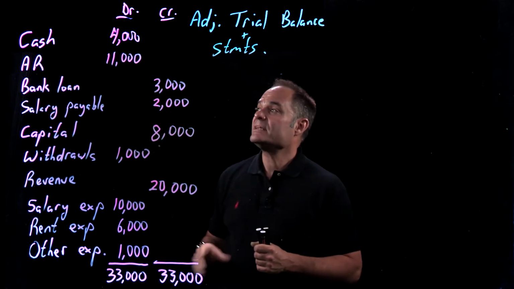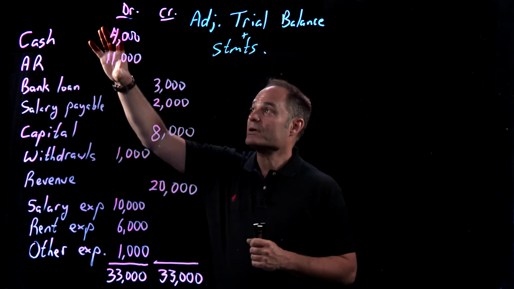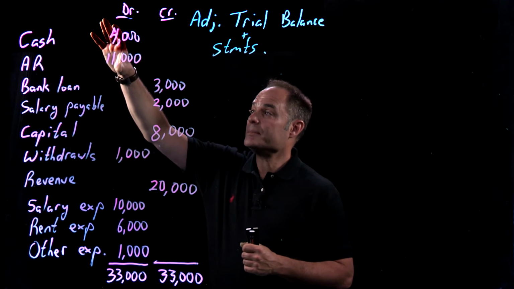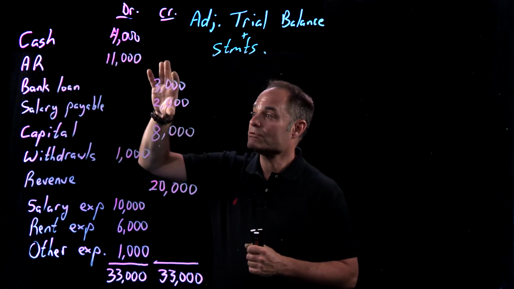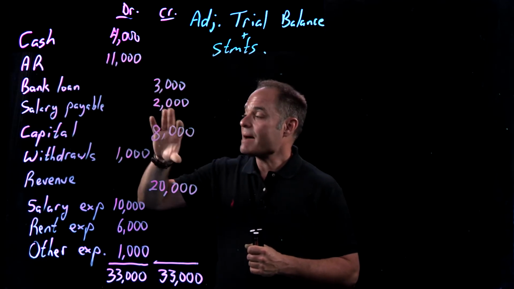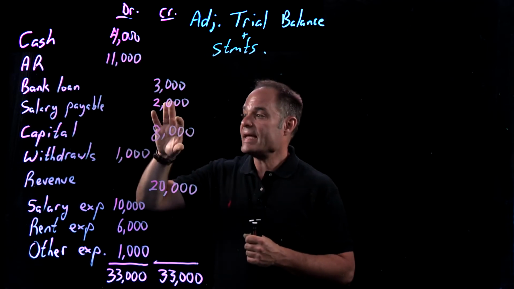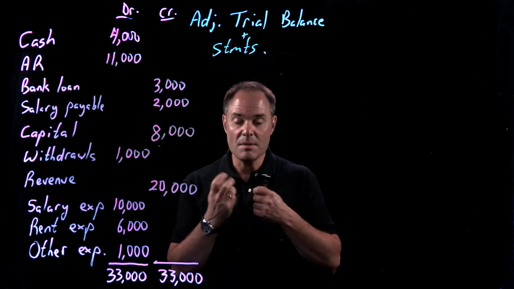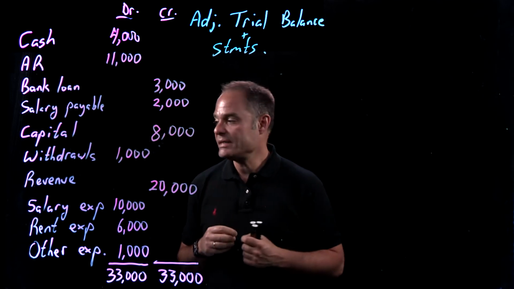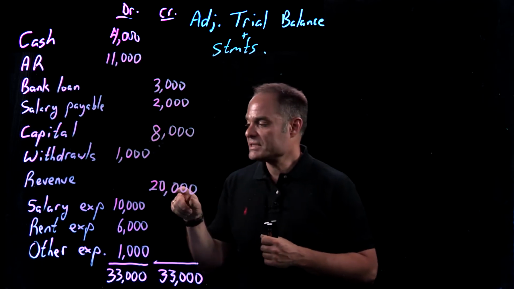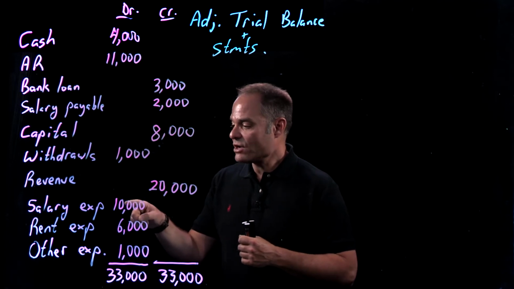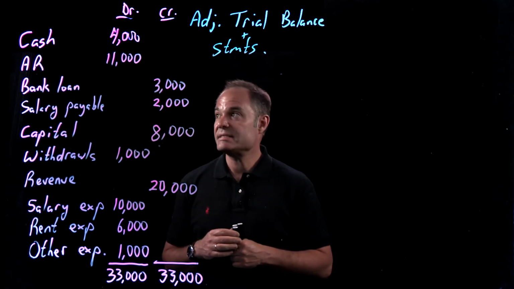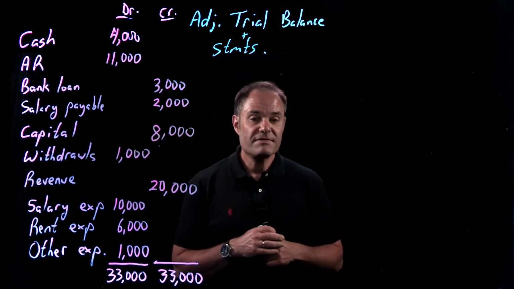Again, remember, asset accounts are going to be a debit balance, liabilities are credit balance, capital or equity will be a credit balance. Withdrawals is a contra account, meaning that it works in the opposite direction or it reduces equity. Revenue is a credit balance, and our expense accounts are all debit balances. So we're ready to produce the financial statements.